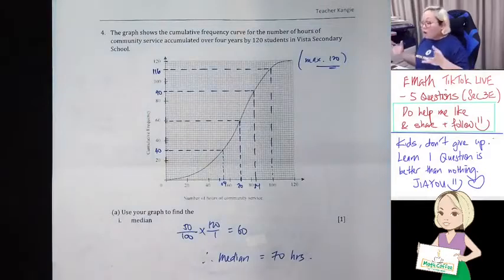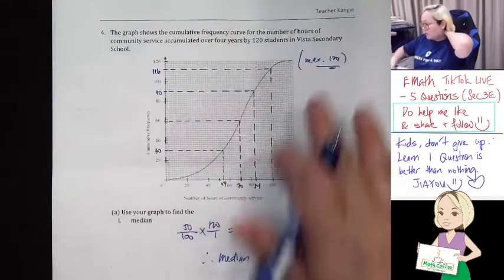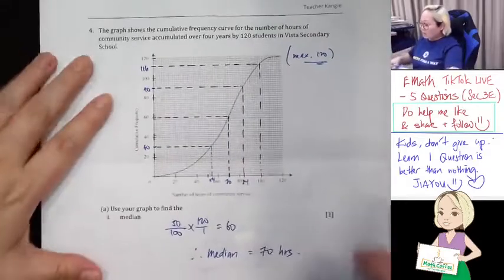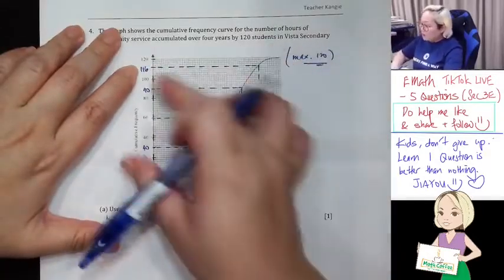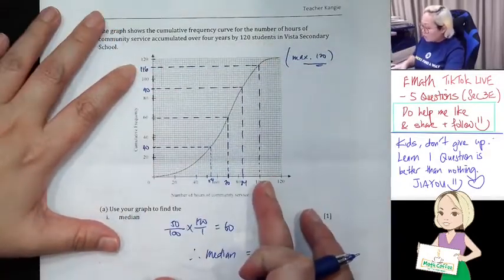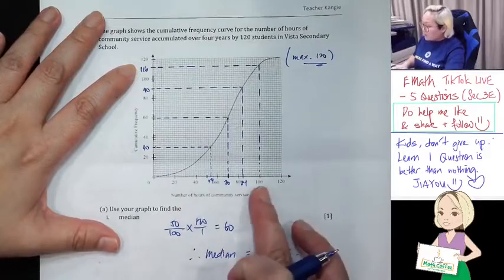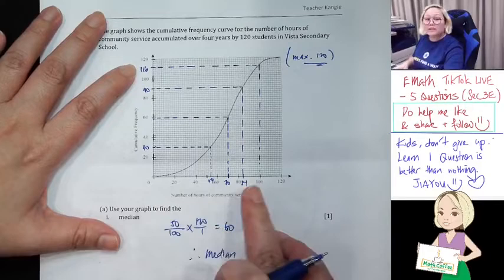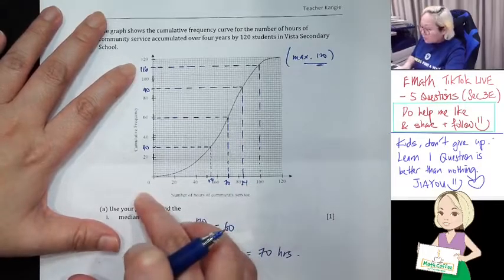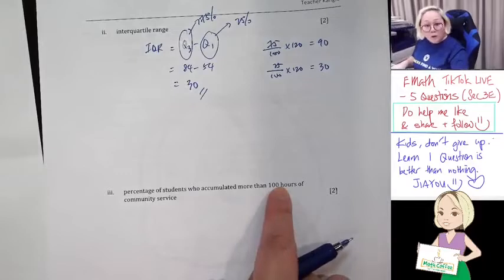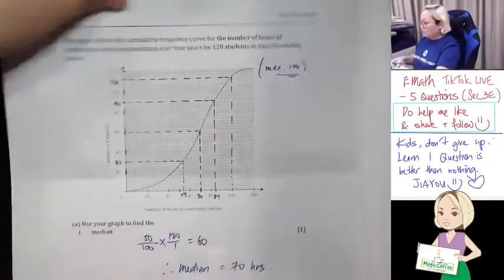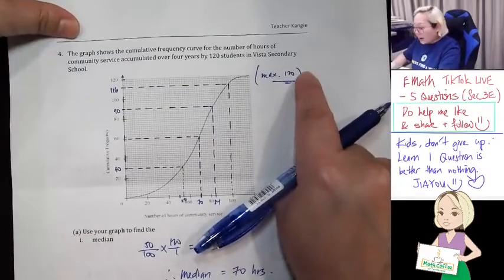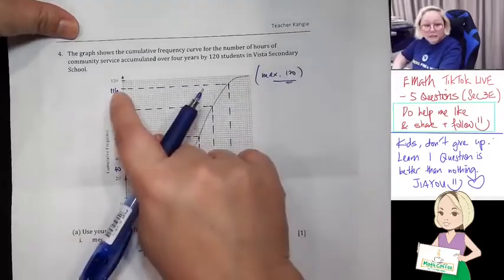Then students will say, oh, 116. No. First you need to know how this data works. 116 means there are 116 students who committed 100 hours and below. But the question asks for more than 100. We know our maximum is 120, so you take 120 minus 116.